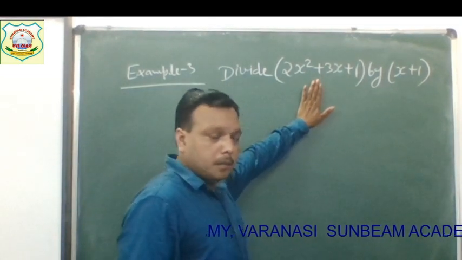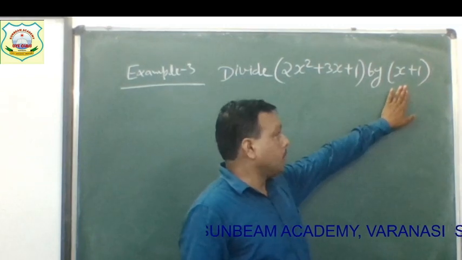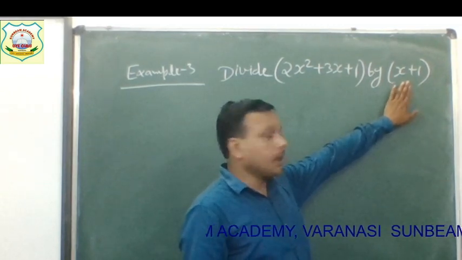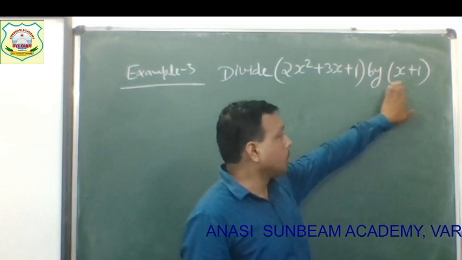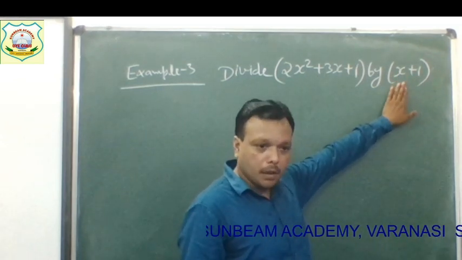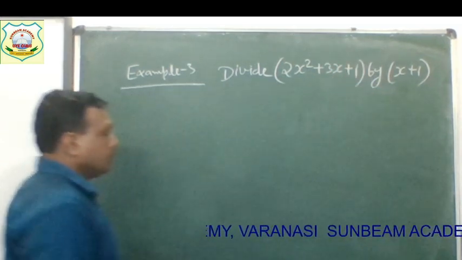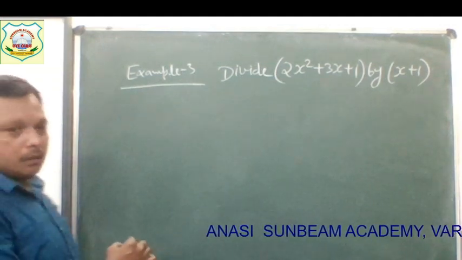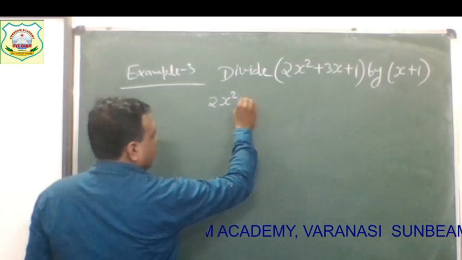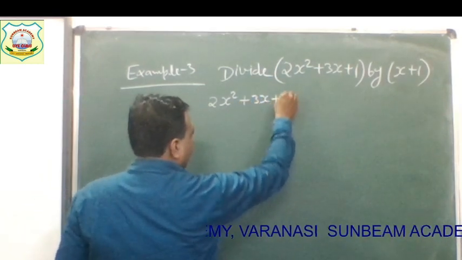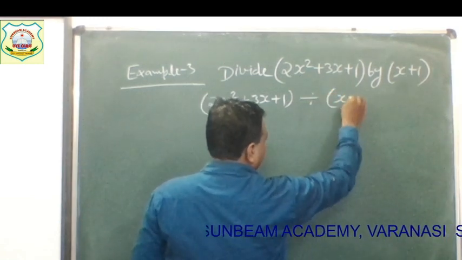This is a polynomial. In the previous questions we solved, we had taken only monomials. But now what we are seeing, students, is a binomial. Then how do we have to do it? A simple division means 2x square plus 3x plus 1 divided by x plus 1.